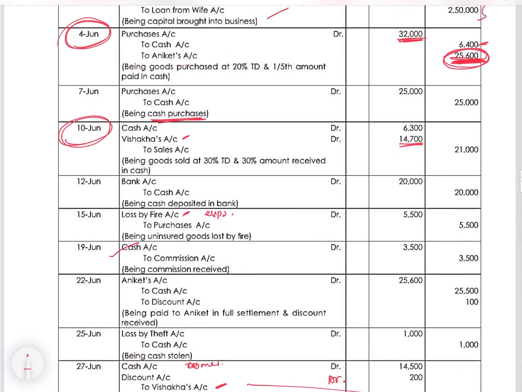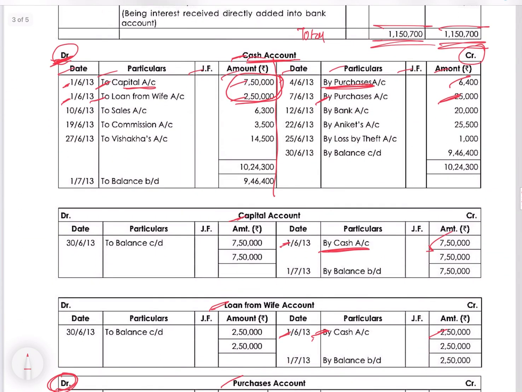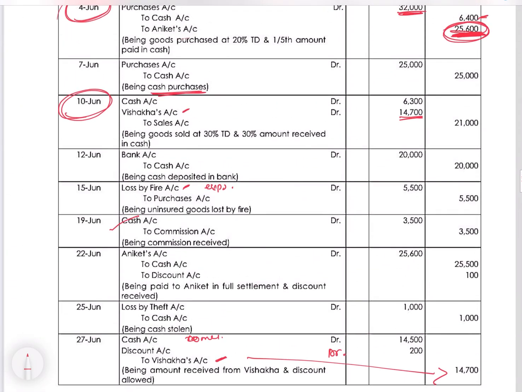Next, cash and Vishakha to sales. So cash account should be debited, Vishakha's account should be debited and sales account should be credited. Cash account is debited, to sales 6,300. That figure is in front of cash.